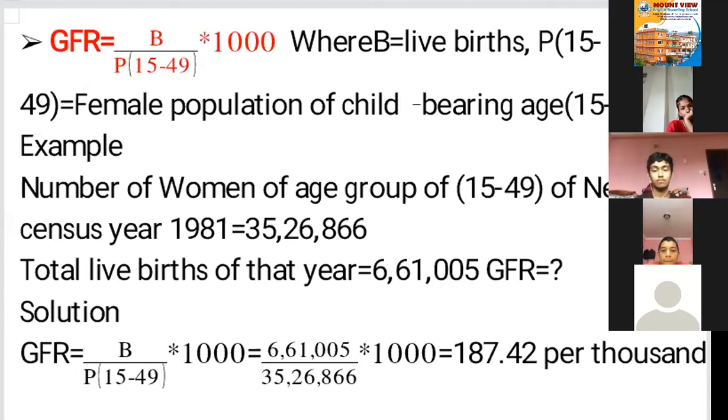After the formula and its meaning, same as with CBR, I have also mentioned one example for the GFR. Suppose the number of women of age group 15 to 49 of Nepal by census year 1981 is 35 lakh 26,866. Once again, my dear students, I want to read that example.